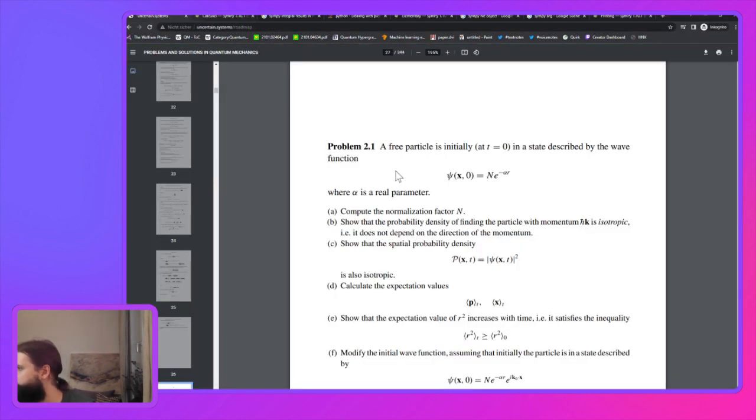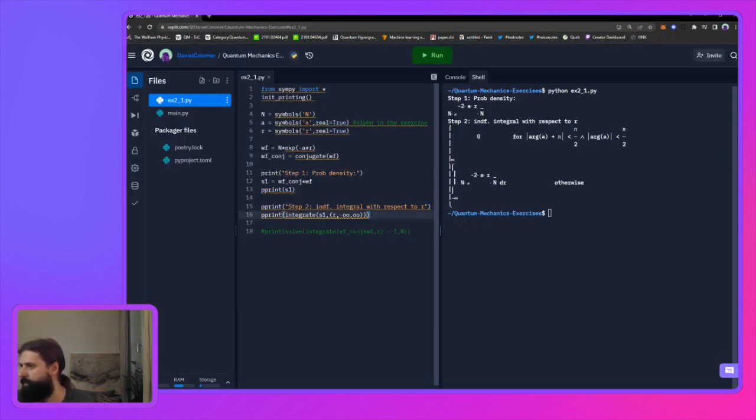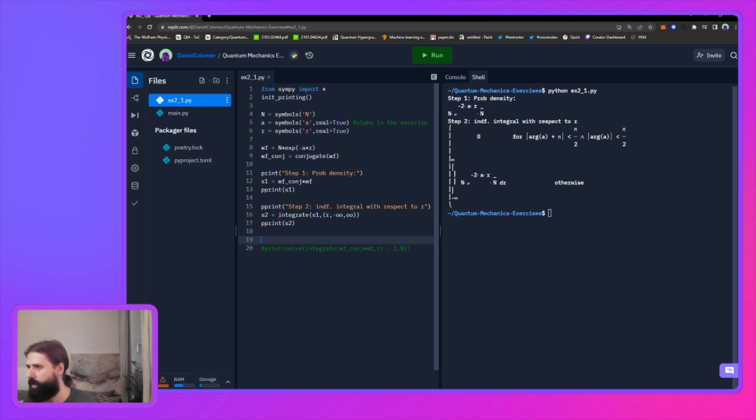Essentially, what we're looking for is, cool, so that integral. So I'll say that S2 is that thing. And now we're saying S3 equals that integral minus 1.